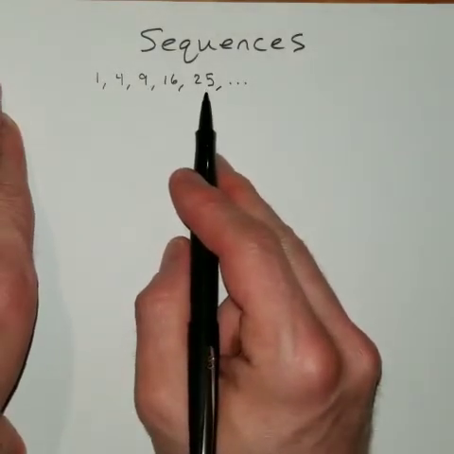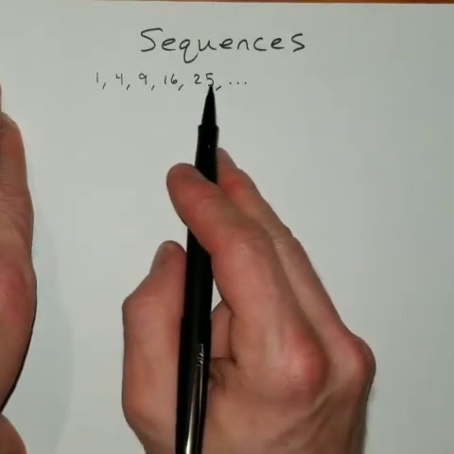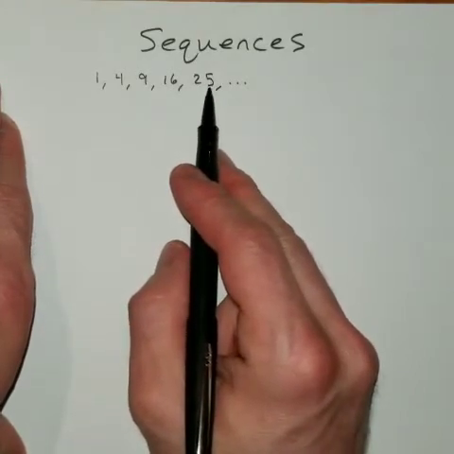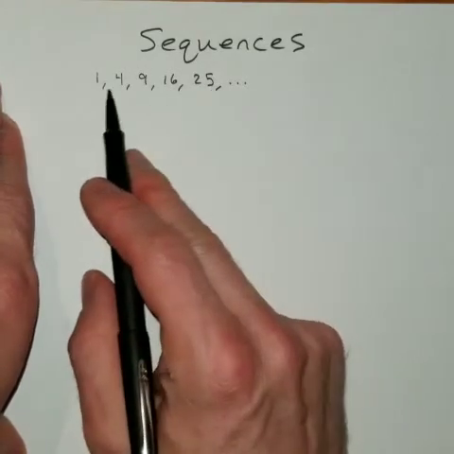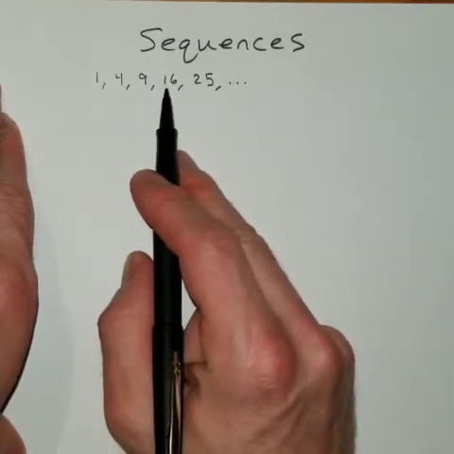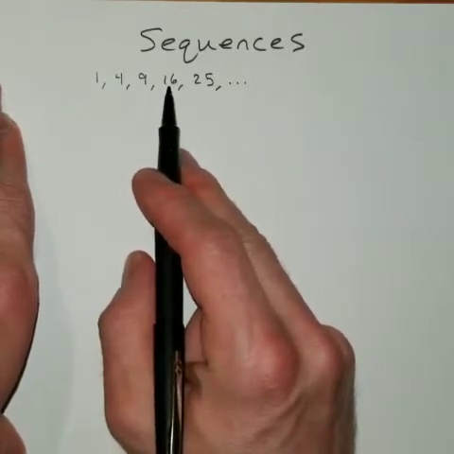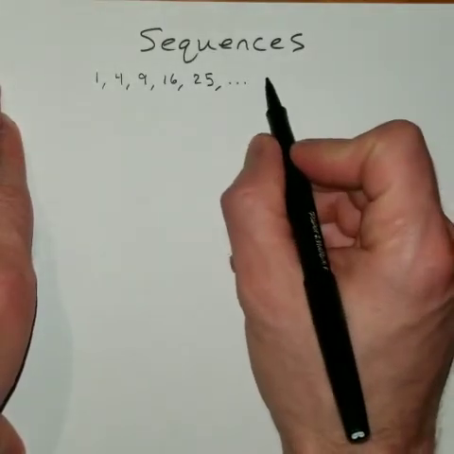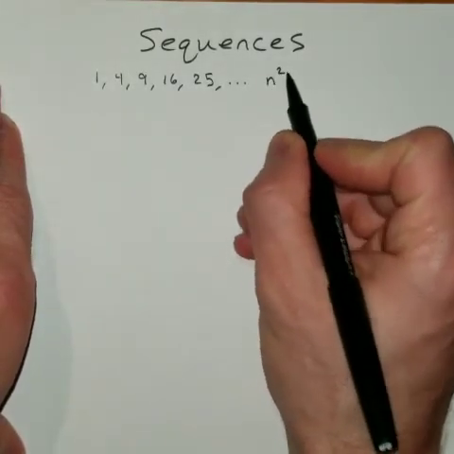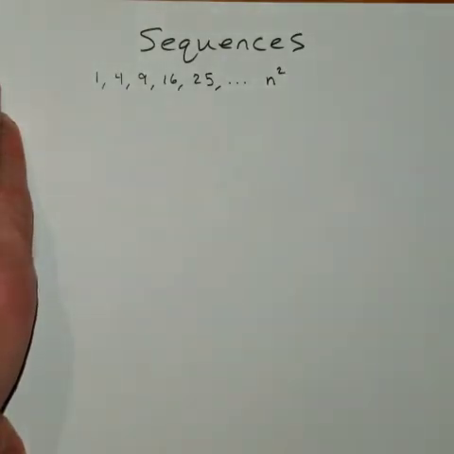The number being squared is the position of the term. If that position was n, say the fourth term, n = 4, then you'd be squaring that number and getting 16. So it could be written as n squared, where n is the position of the term.